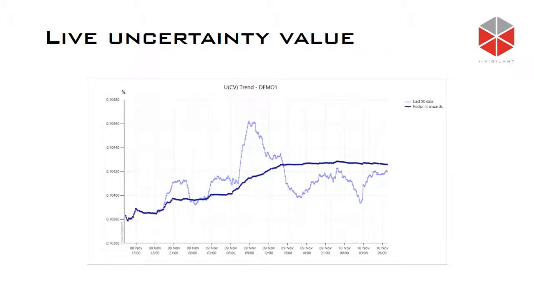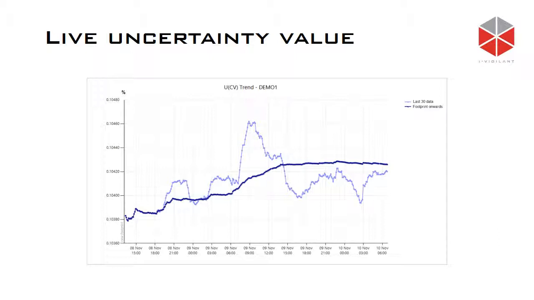So this is an example of the actual GC that we have of the uncertainty value. You can see that rather than 30 days of data here, we just use 30 data points because of the limitation on time of the test. We just take more calibrations every day to show how the uncertainty works.